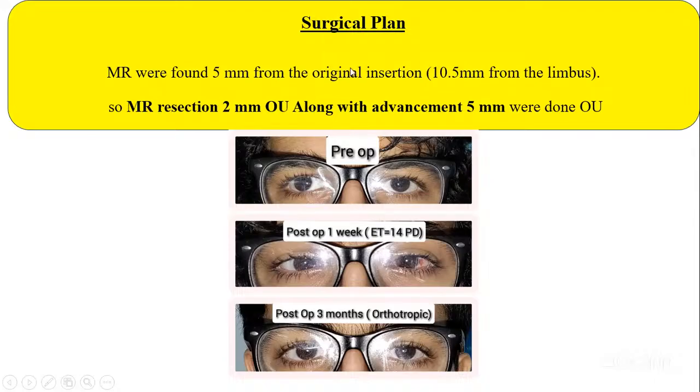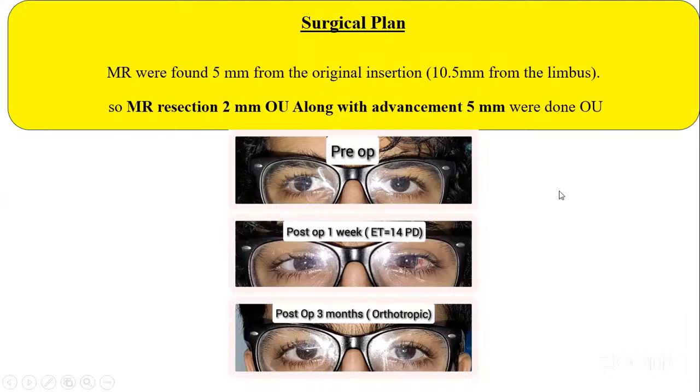So I did advancement of 5 millimeter. I put the muscle again 5.5 millimeter from the limbus. That is the advancement. So both are strengthening muscle procedures.